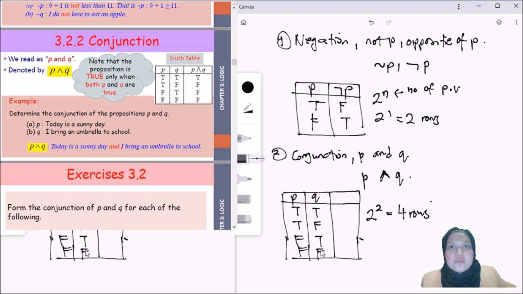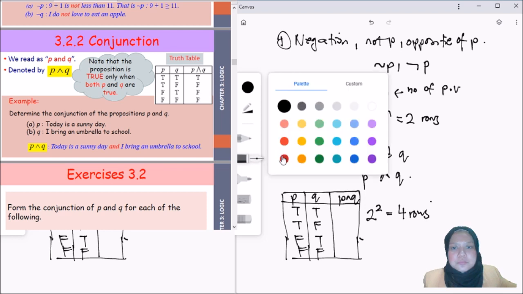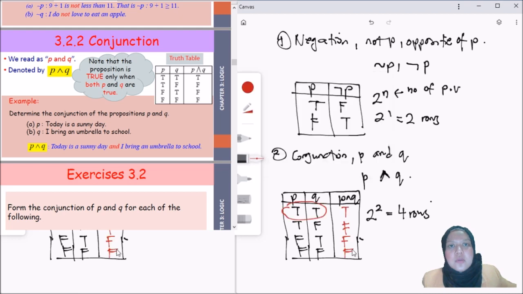Note that the proposition P and Q is true only when both are true. The others are false. So this is the conjunction truth table.